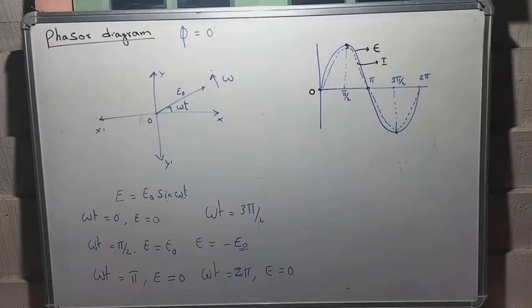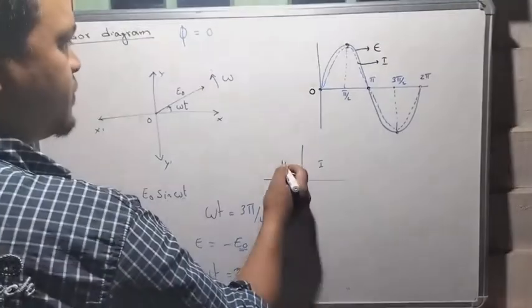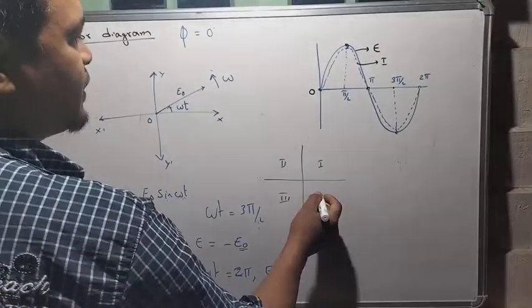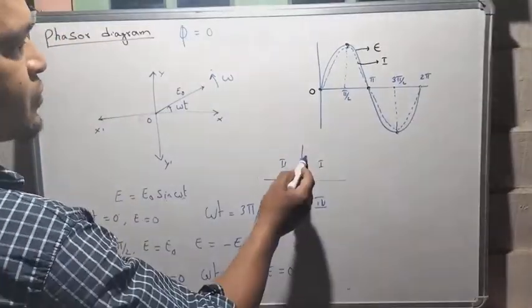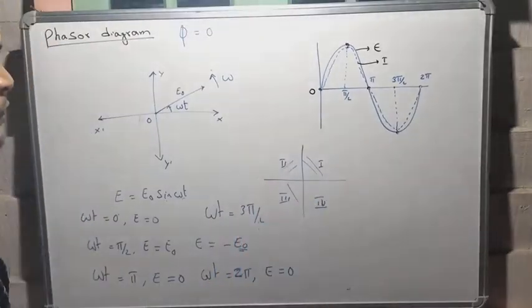Also, if you remember, in geometry, we have these quadrants. This region here is known as the first quadrant. This is second. This is third. This is fourth.